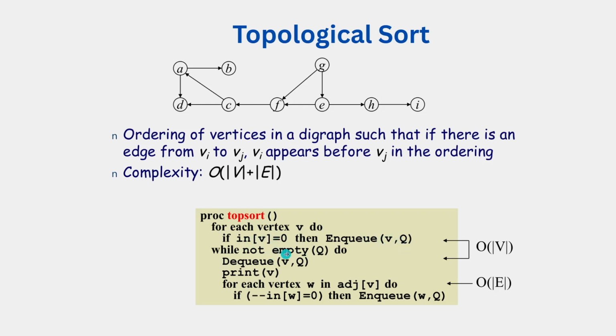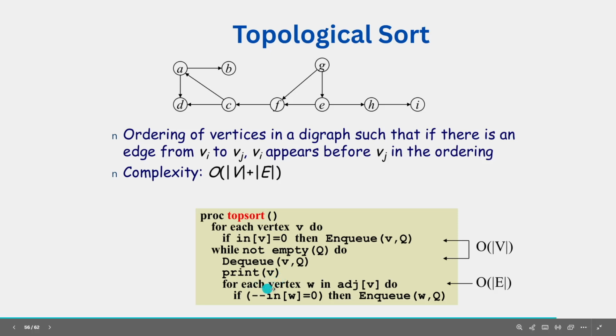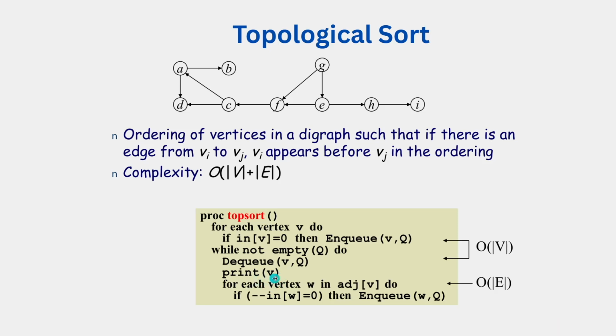And after that we have to do this till the queue is not empty: we dequeue that particular entry, print it as visited, and look up all the vertices that are adjacent to this vertex V, and for every such adjacent vertex we reduce its in degree by 1.